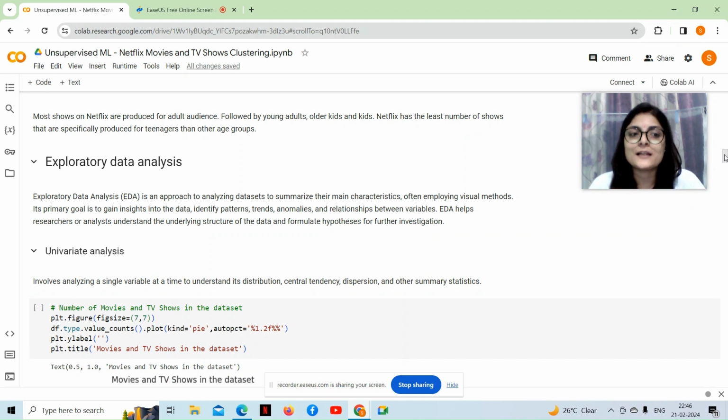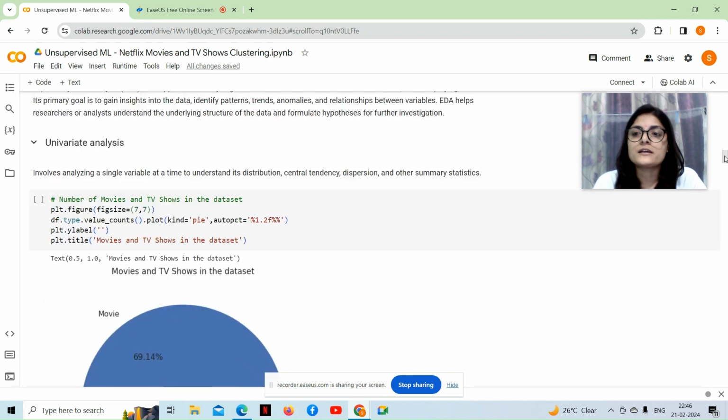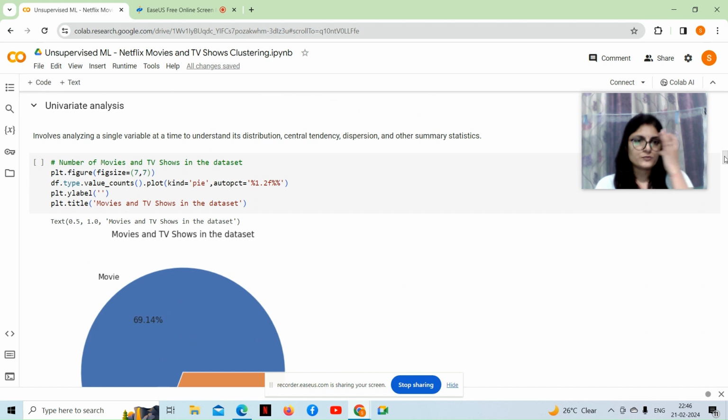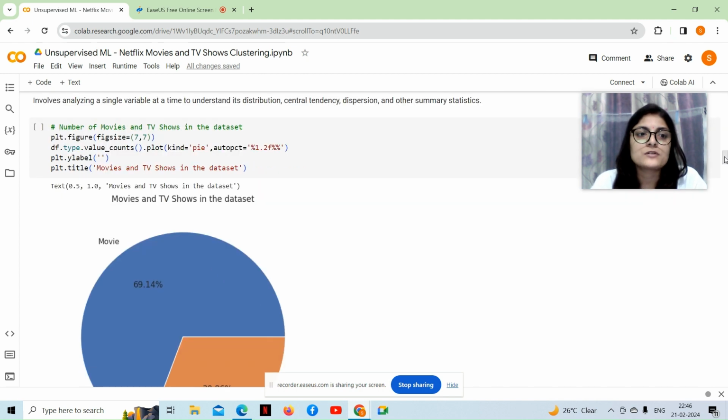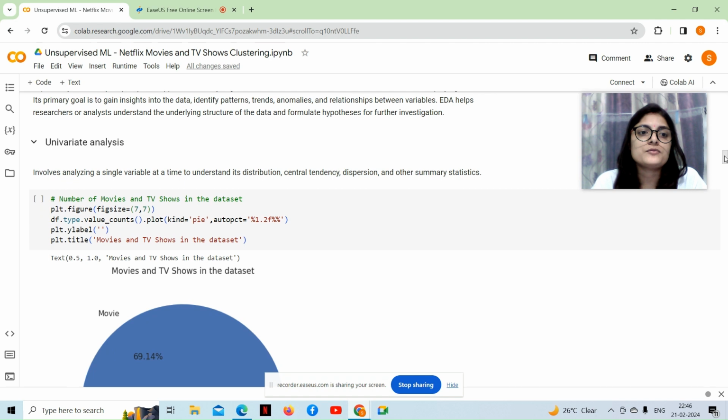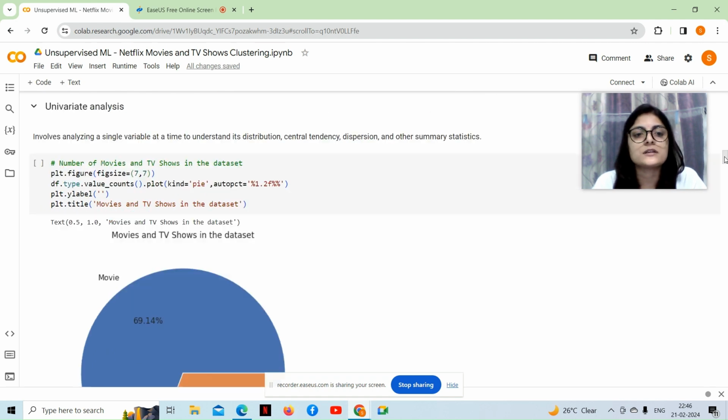Actually, EDA helps us to understand the underlying structure of the data and formulate further investigation. So we did first univariate analysis. Univariate means which involves a single variable at a time to understand its distribution, central tendency, dispersion, and other summary statistics.